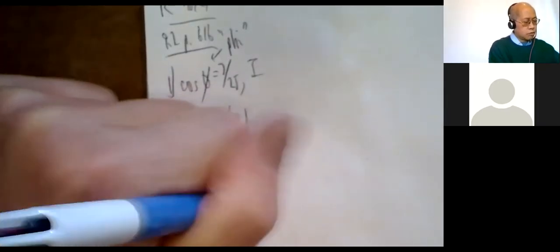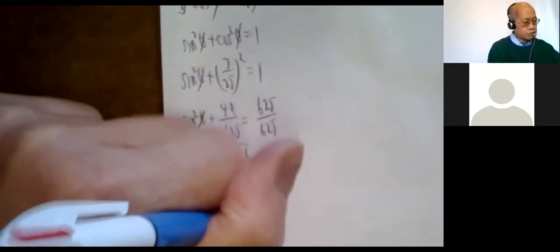Sine squared phi plus cosine squared phi equals 1. Sine squared phi plus 7/25 squared equals 1. 7/25 squared is 49/625. Sine squared phi plus 49/625 equals 1.